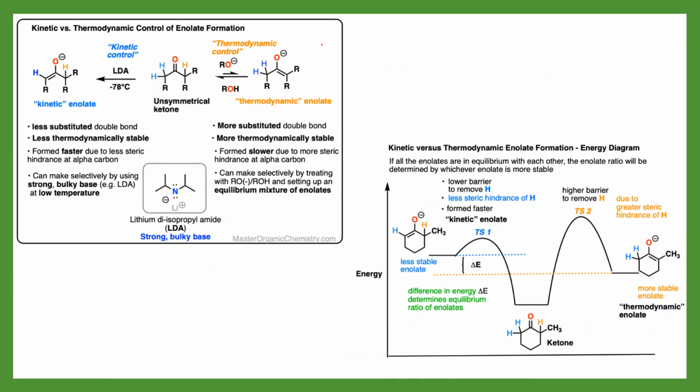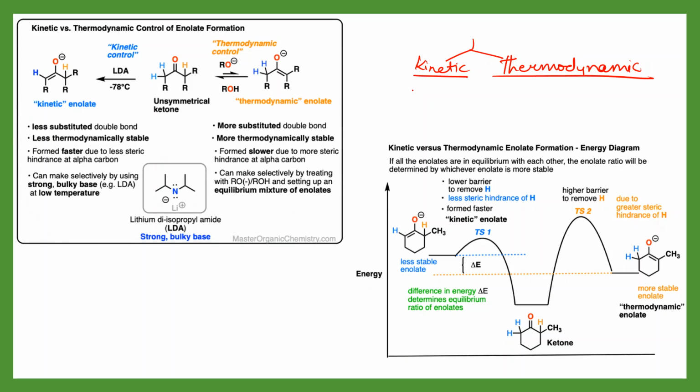This I kept for you. Your question may be what these kinetic enolate and thermodynamic enolate are. See, kinetic means the product which is formed instantaneously without considering whether the formed enolate will be stable or not stable.